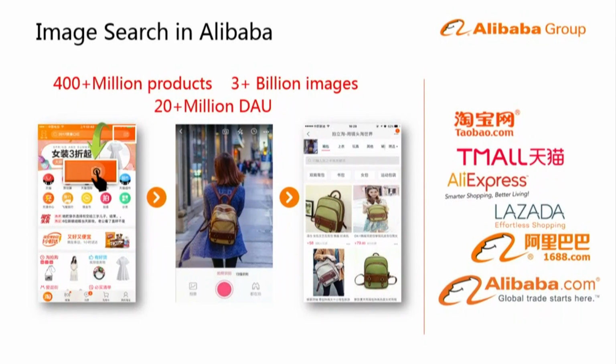Each day, we have over 20 million active users of such a service. Today we have indexed more than 400 million products with more than 3 billion images. We have also built an internal image search pipeline, framework and platform that can support the business within Alibaba.